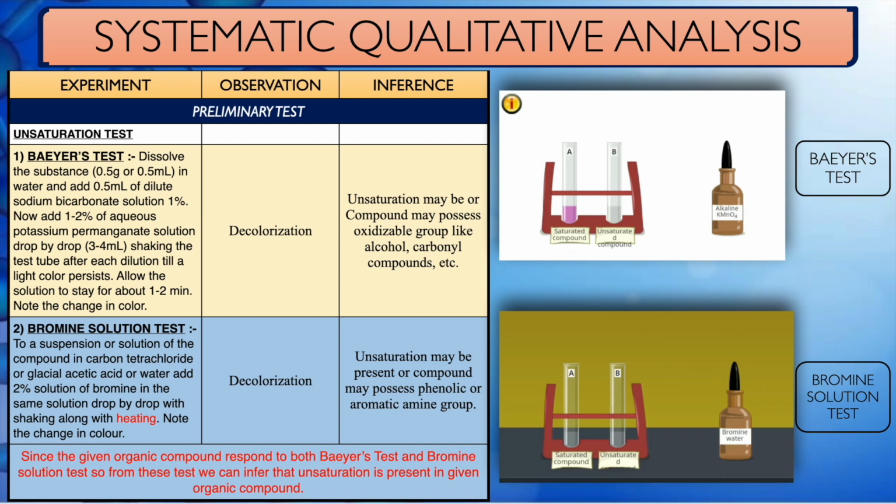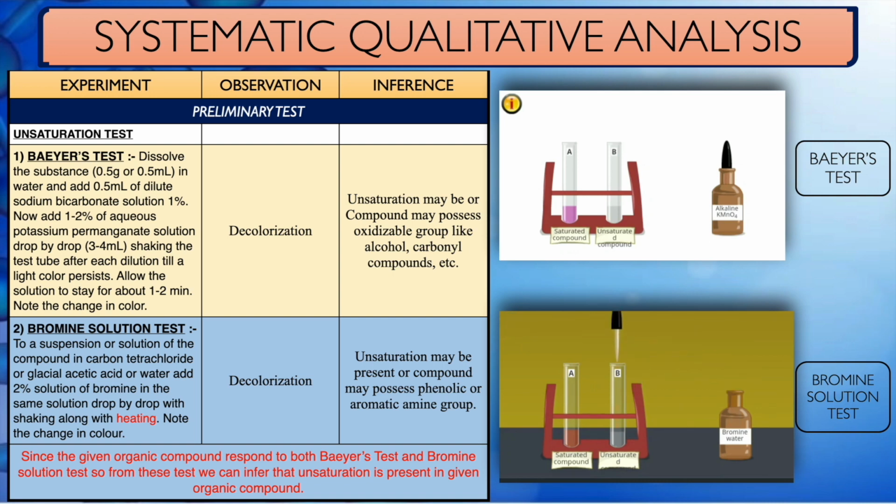As you can see, when we take an unknown organic compound in test tube A and subject it to aqueous bromine water, then after shaking, we can see that there is no decolorization taking place, and henceforth it is a saturated compound. Then comes the second test tube.